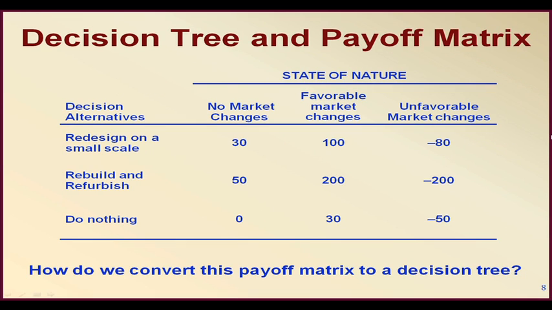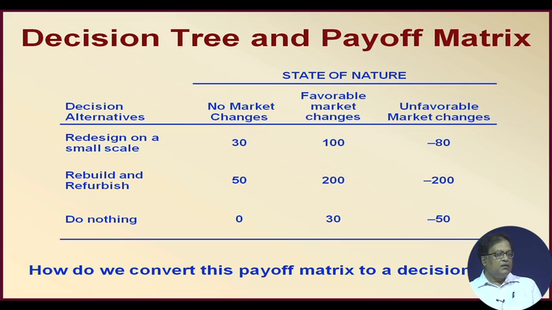Now, suppose look at this problem once again, the decision tree and the payoff matrix. So, this is a payoff matrix we have considered earlier. Now, suppose the question is how do we convert this payoff matrix to a decision tree. If you again recall, there are three decisions: redesign on a small scale, rebuild and refurbish, and do nothing, and those are our payoffs.